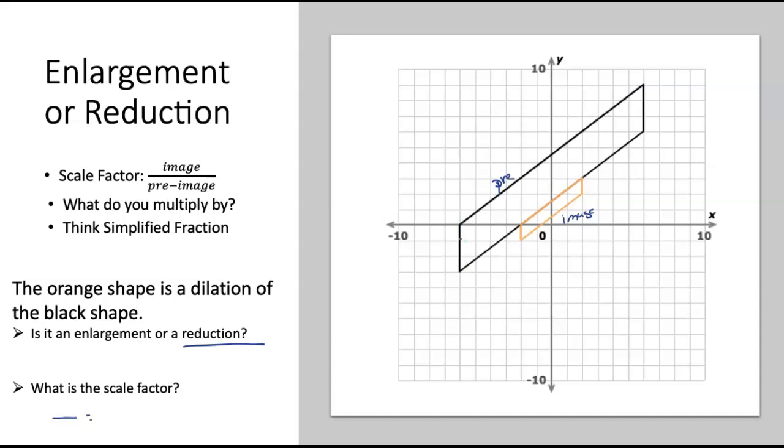So how large is this? Think length, so 1 unit, 2 units, 3 units. This has a side length of 3 units. The exact same side on the new image has a side length of 1. So we're looking at corresponding sides. The pre is a 3, the new is a 1.